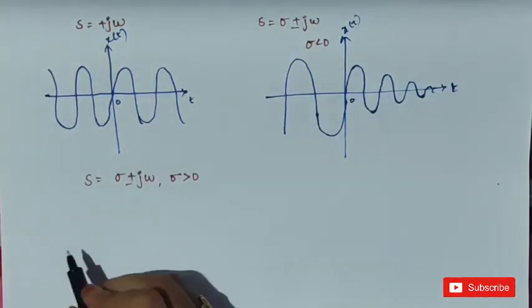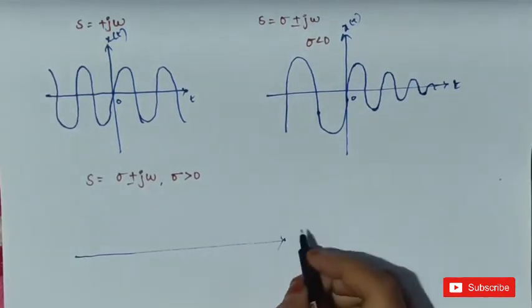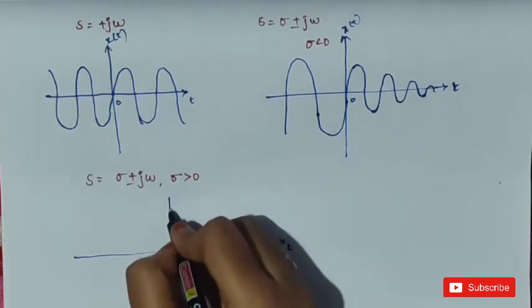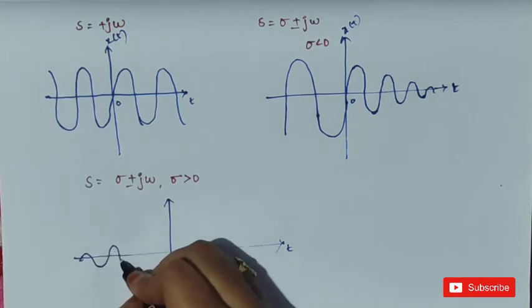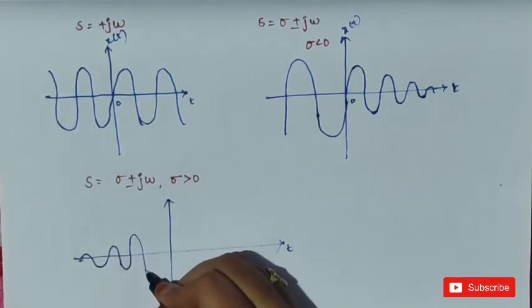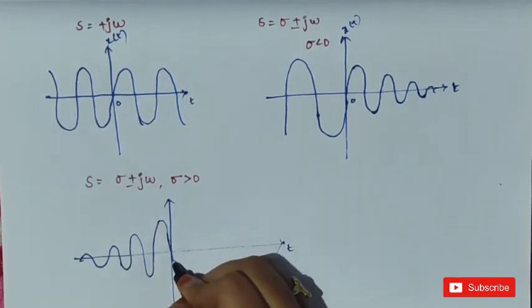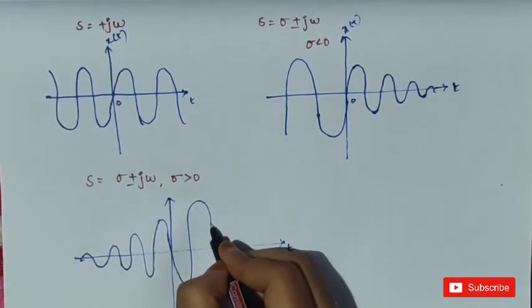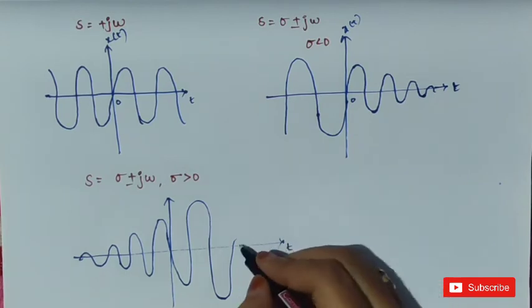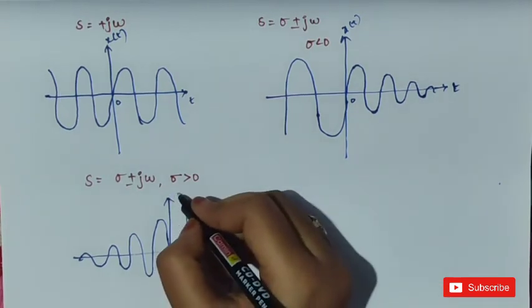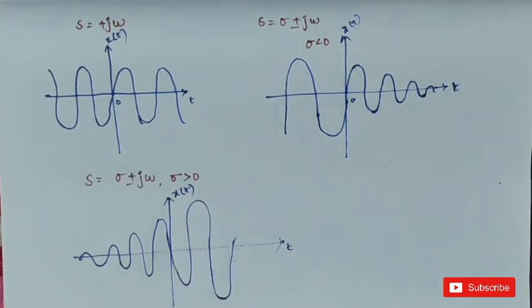Then the signal will be increasing like this, and so on. The signal is increasing if sigma is greater than 0 in sigma plus or minus j omega. This is about continuous time complex exponential signals.